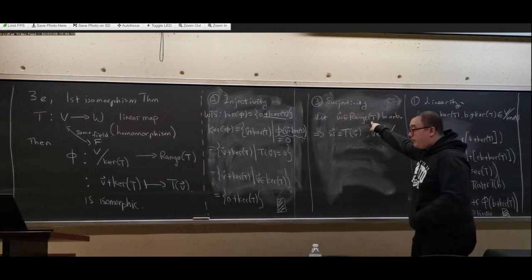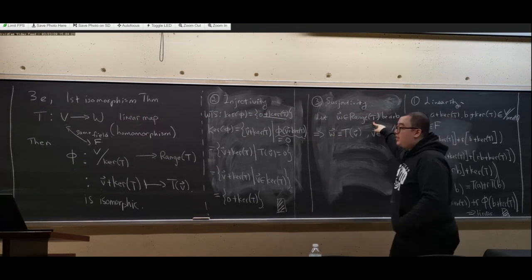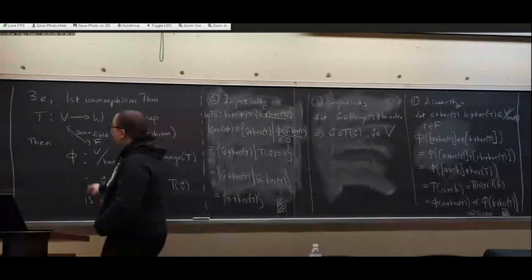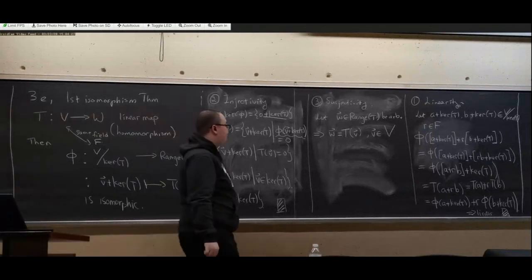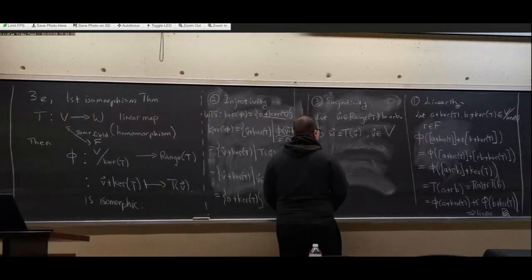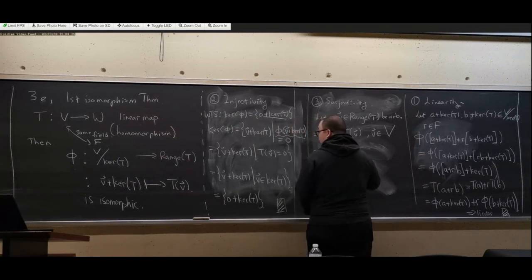W in the range of T is the result of some mapping in terms of T, and what input does T take? Some element from the vector space big V, right? So that means W equals to what?